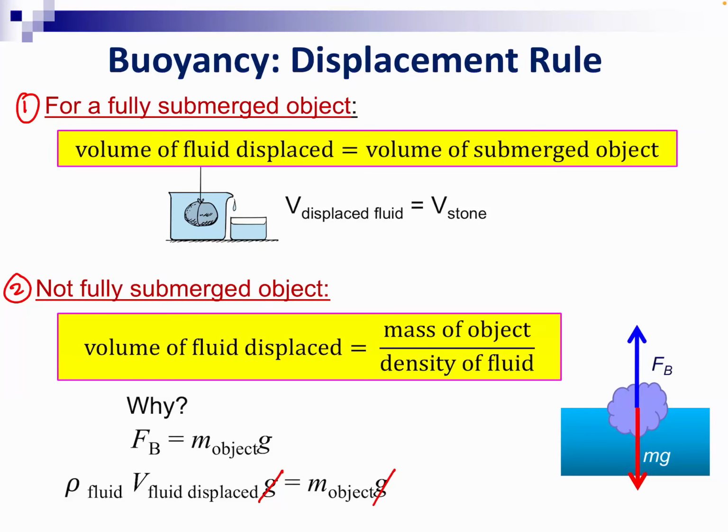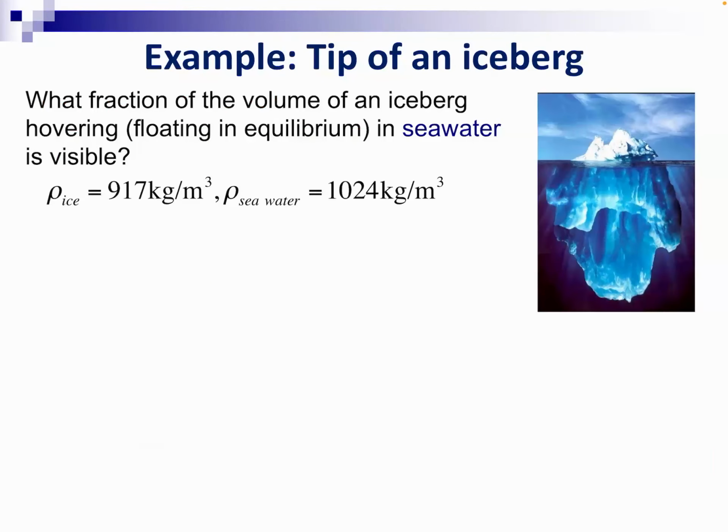Okay, so let's look at an example, which is quite a classic example. We all know the saying, you're just looking at the tip of the iceberg, because essentially you're just looking at a small part and there's a much bigger submerged volume.